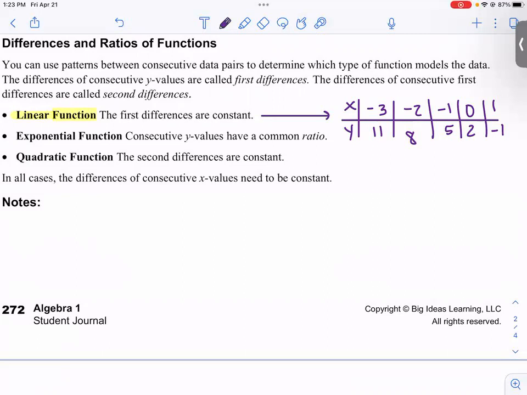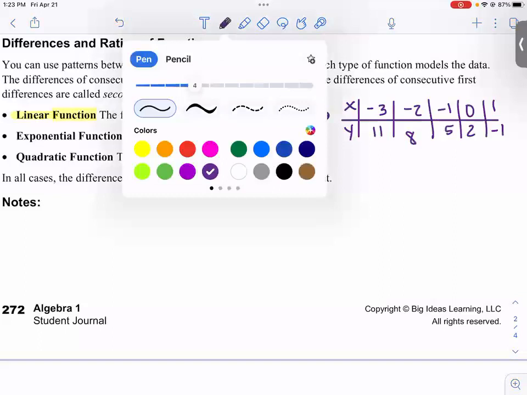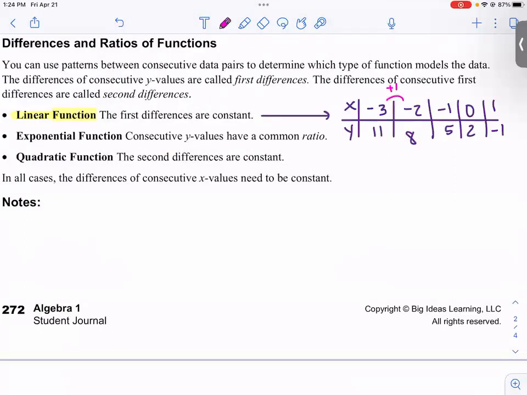Okay, so what do you notice about the x coordinates? And that's good. We need to have a consistent change by the same number in order for this to work. Okay, now what do you notice about the y coordinates?